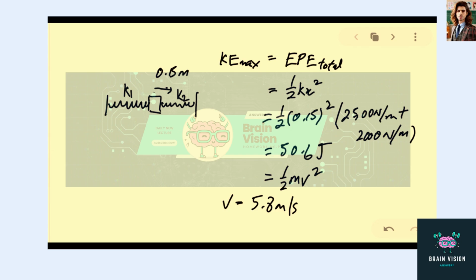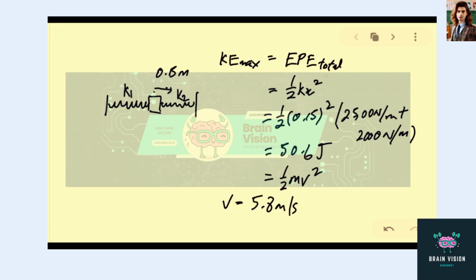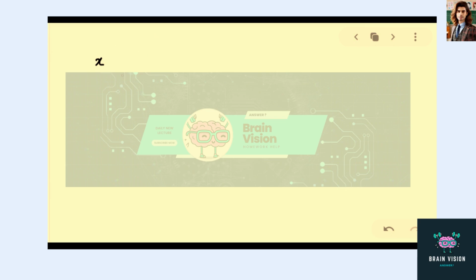Now to find the maximum compression of spring 1, we're going to estimate the compression to be an unknown value of x. We know that the total energy must be equal to the total initial elastic potential energy, which is 50.6 joules.